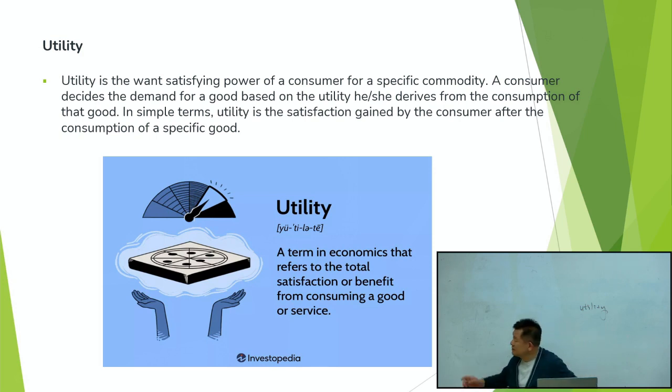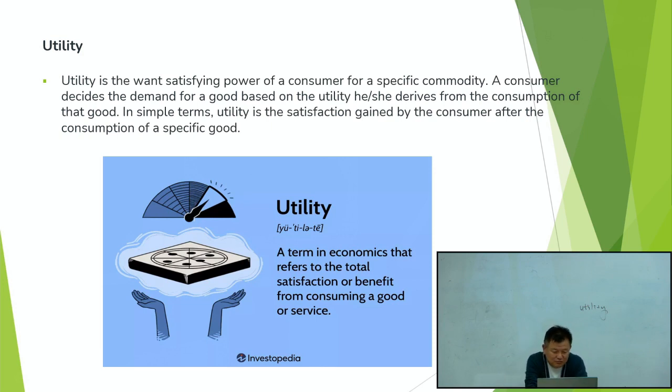The first utility definition I show you on the screen: the term in economics that refers to the total satisfaction or benefit from consuming a good or service. So after using it, I get some benefit or feeling or satisfaction.